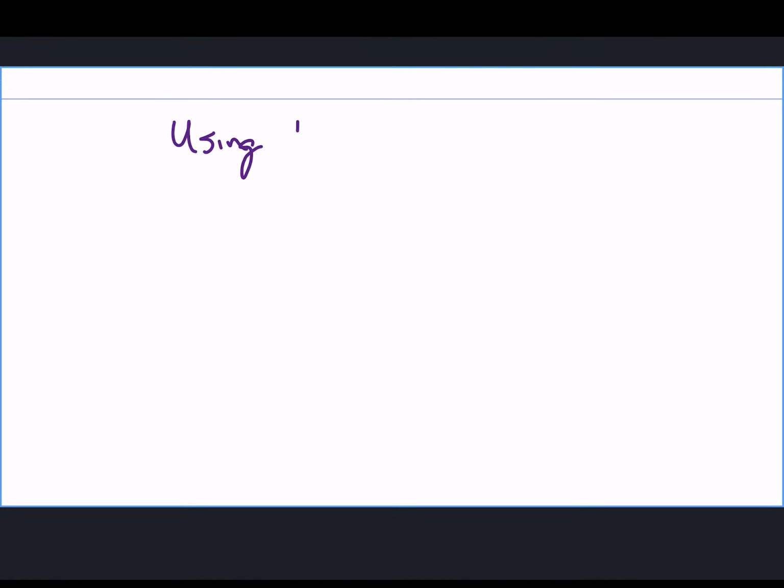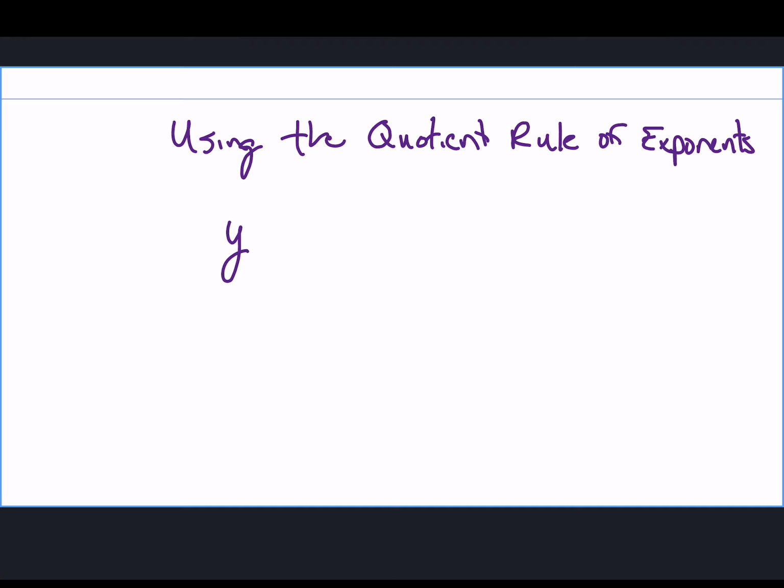Using the quotient rule of exponents. The quotient rule of exponents says that if I have a quotient, y to the m over y to the n, again, we have the same base, different exponents.